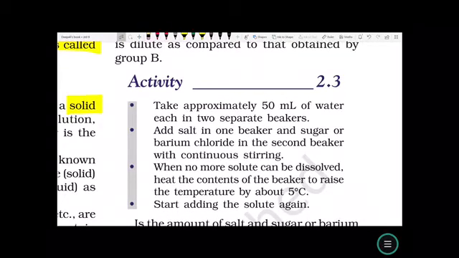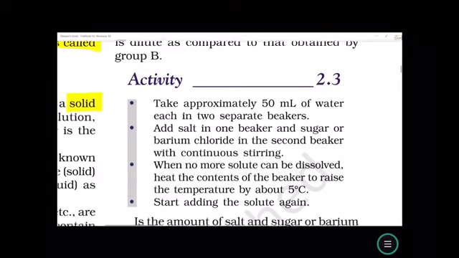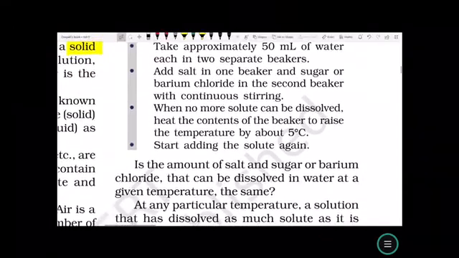Take approximately 50 ml of water, each in two separate beakers. Add salt in one beaker and sugar or barium chloride in the second beaker with continuous stirring. When no more solute can be dissolved, heat the contents of the beaker to raise the temperature by 5 degrees Celsius.